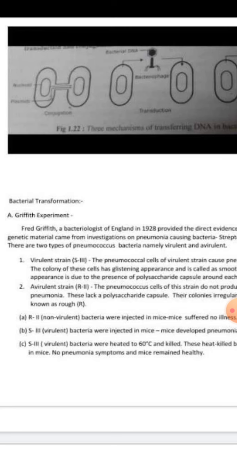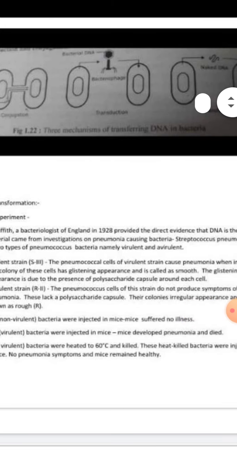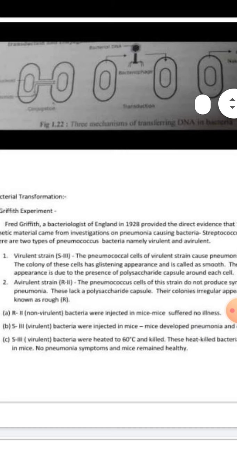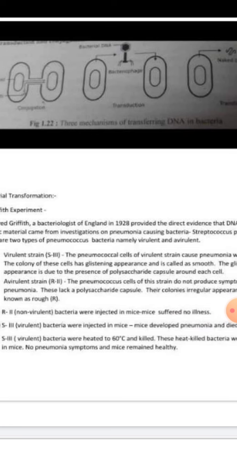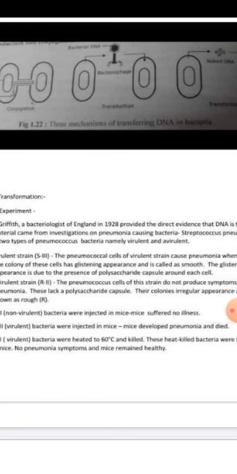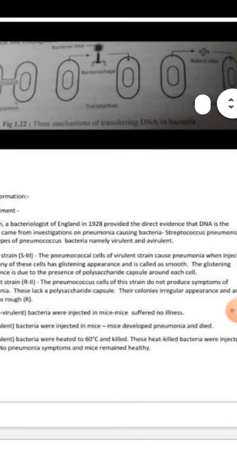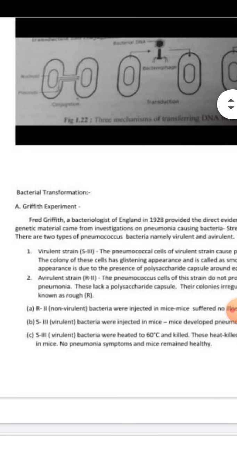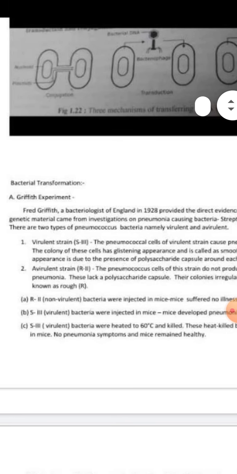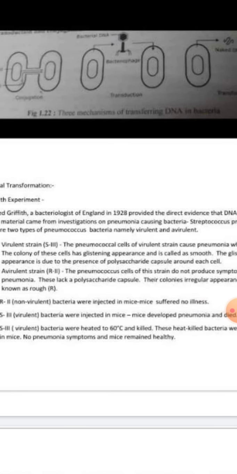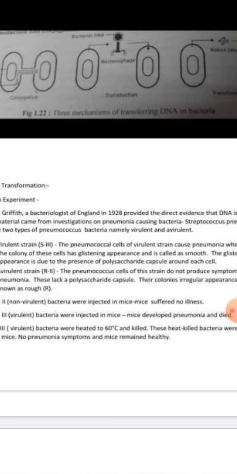So it was studied by a bacteriologist in England named Fred Griffith in 1928 that DNA is the genetic material, which came from the investigations on the pneumonia causing bacteria, Streptococcus pneumoniae.